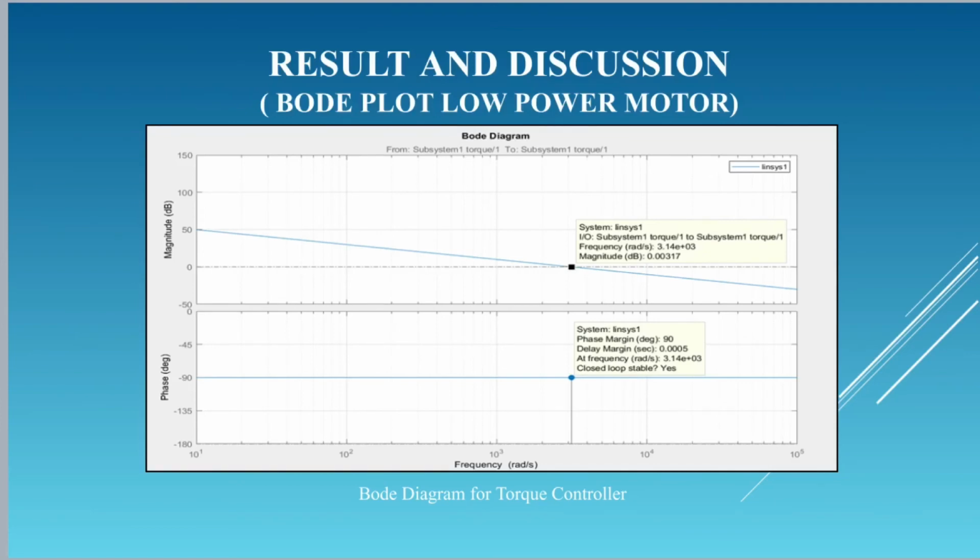Therefore, the values of omega, KIT, and KPT are 3141.6 radian per second, 239.2939, and 2.9859 respectively. Based on the simulation result, the controller design for torque reaches stability. The bandwidth obtained is large, which is 3141 radian per second with a phase margin of 90 degrees.